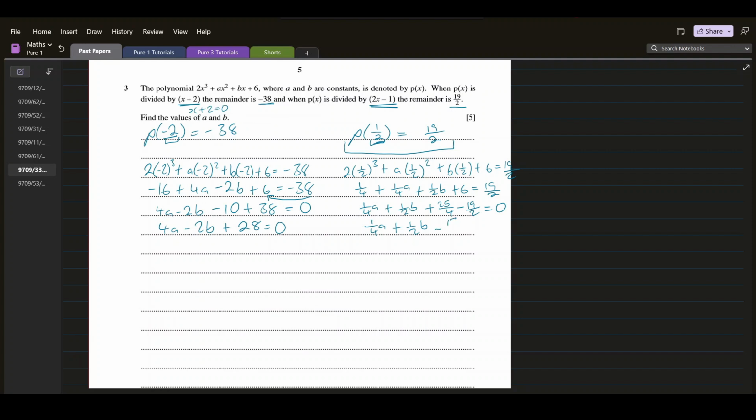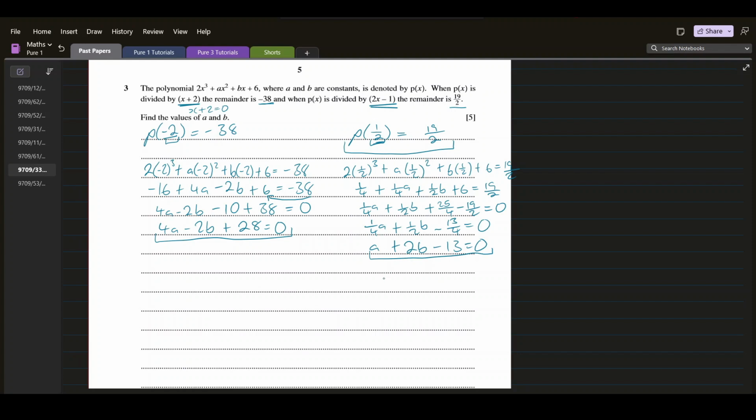So that's negative 13 over 4 is equal to 0. Let's multiply through by 4 to get rid of the denominators. So that's a plus 2b minus 13 is equal to 0. Now we have two equations in terms of a and b, and we can solve these two equations simultaneously.